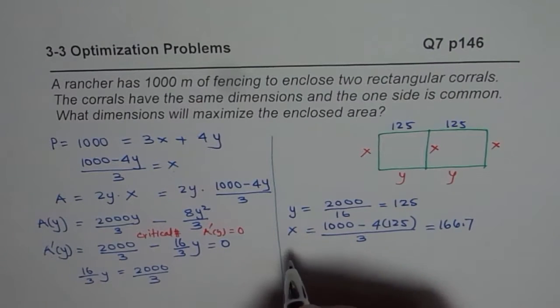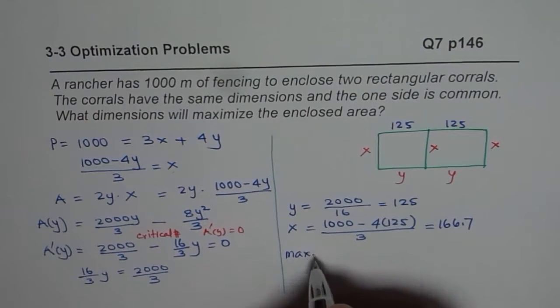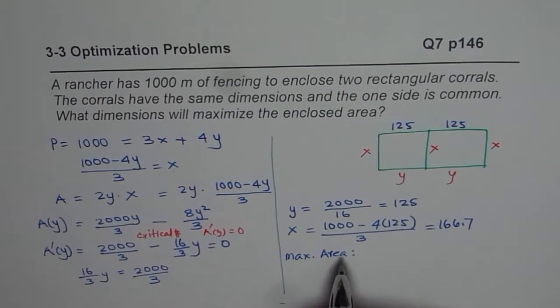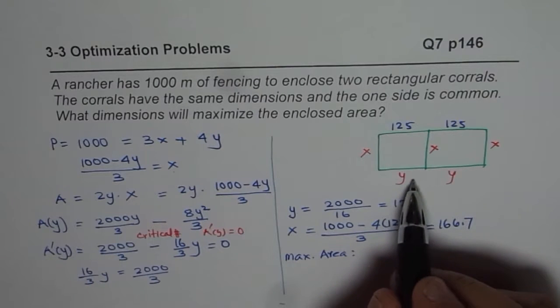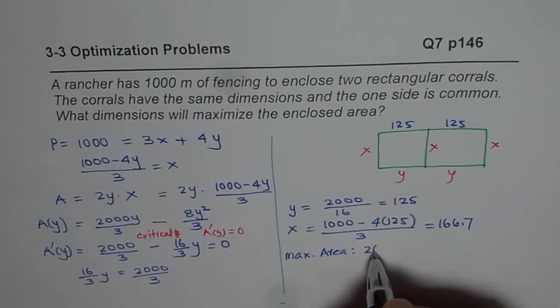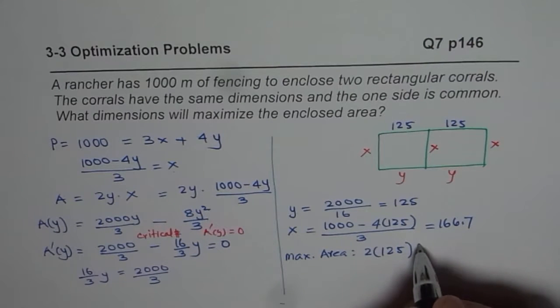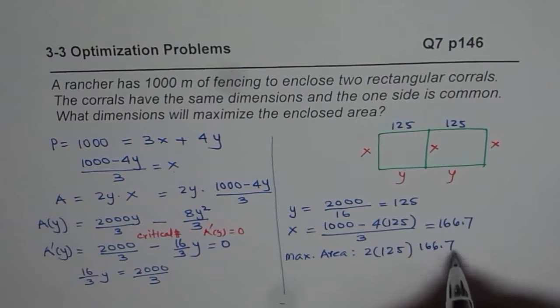If you need to find the maximum area, let us say, if suppose in your test the question is to find the maximum area, then your maximum area will be 2 times y, 2 times 125, times the width, which is 166.7, right?